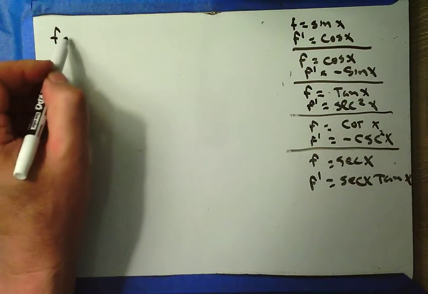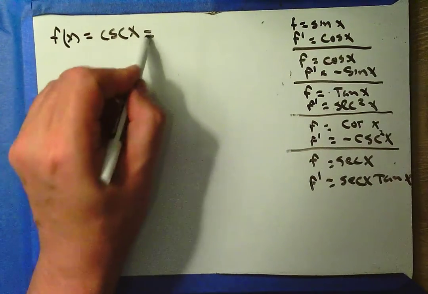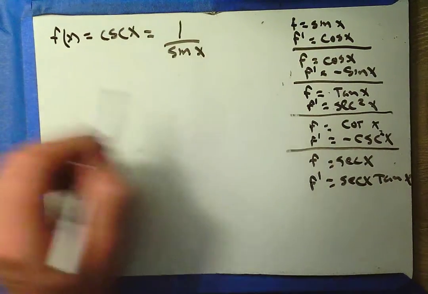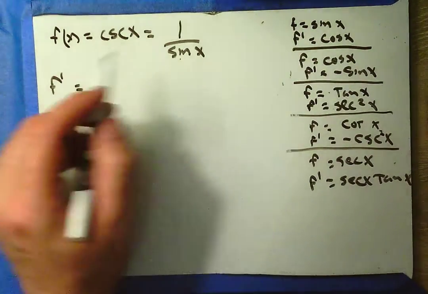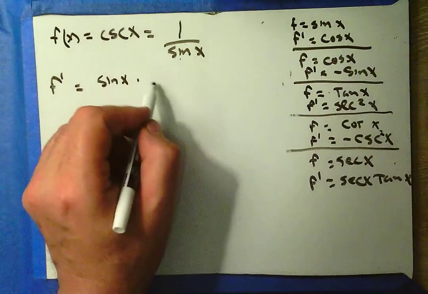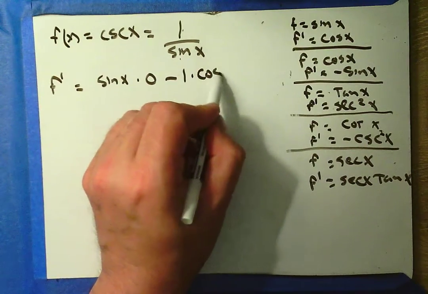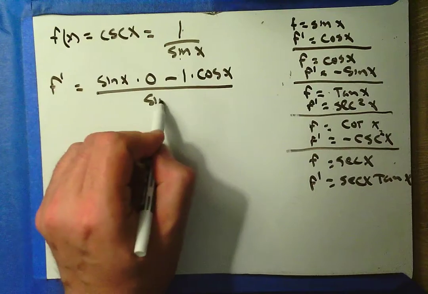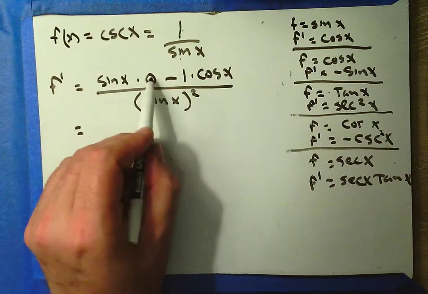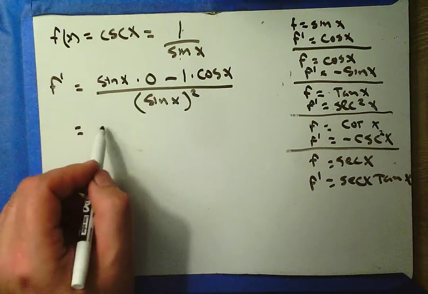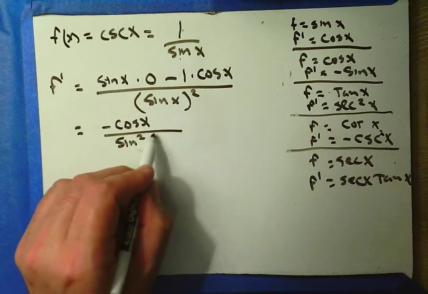So if f of x equals cosecant x, we know that's 1 over sine x. We use our quotient rule, and we get low d high, sine x times 0, minus high, derivative of sine, cosine, over low squared. And so 0 times sine, this goes away. Negative 1 times cosine is going to be negative cosine x over sine squared x.